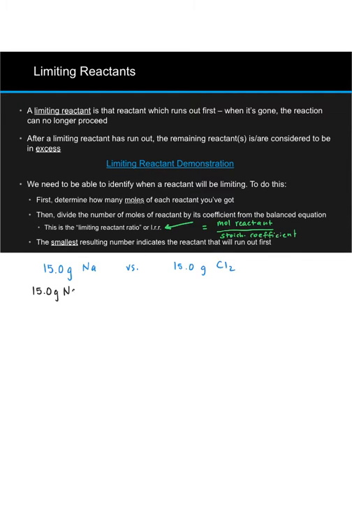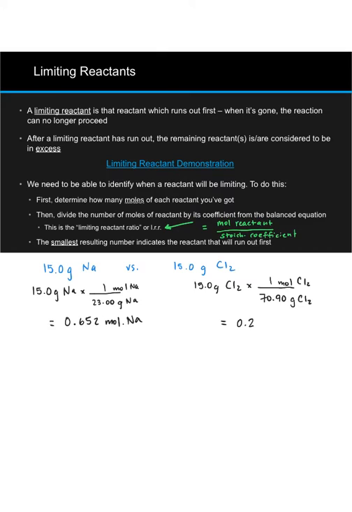To determine that, I just divide by the molar mass of sodium, 23 grams per mole. 15 grams worth of chlorine, meanwhile, divided by its molar mass, 70.9 grams per mole, is worth 0.212 moles of chlorine.